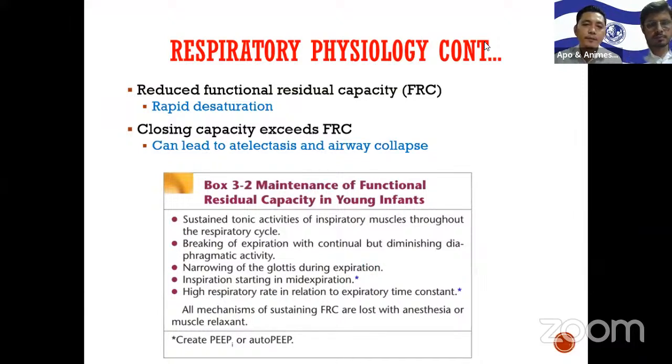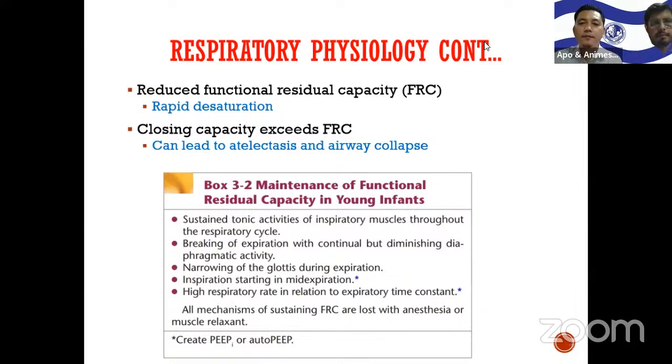The functional residual capacity is reduced in babies. Therefore, they have a high chance of rapid desaturation, and the closing capacity exceeds FRC, which can lead to atelectasis and airway collapse.